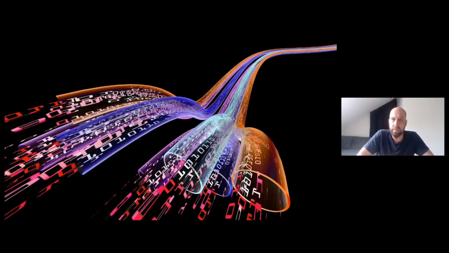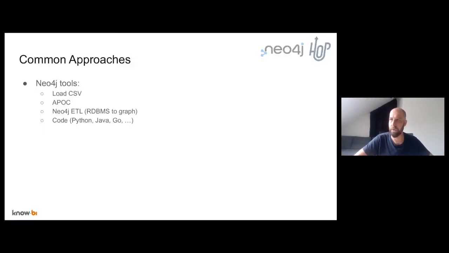What we are going to talk about today is how you get your data into Neo4j, because your data resides in or originates in a lot of systems and typically is not graph native. So you will have to get your data into a graph. There are a number of common approaches.